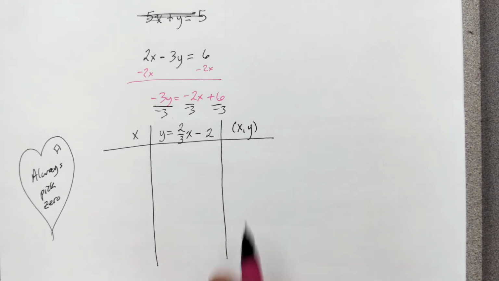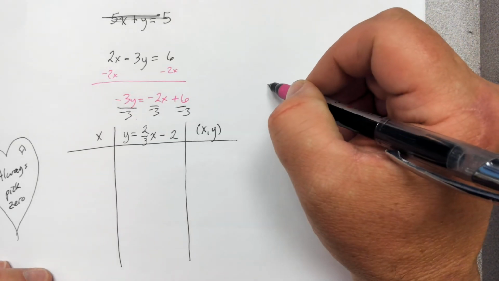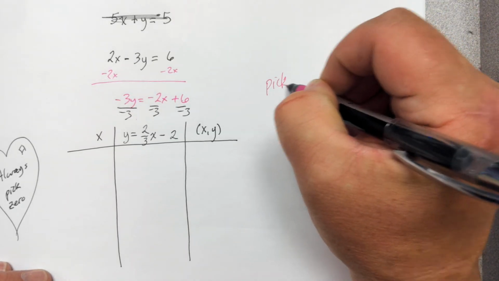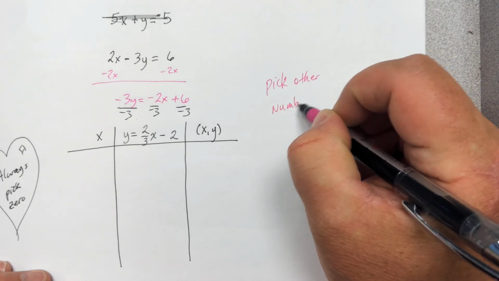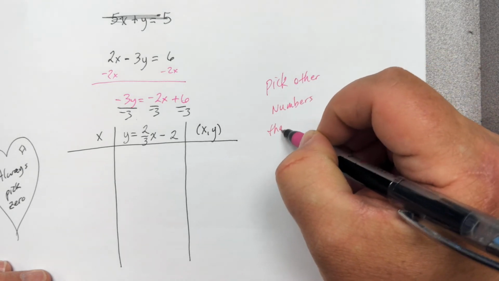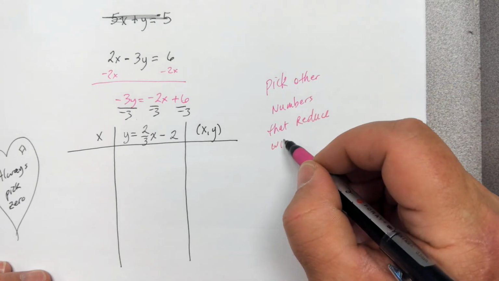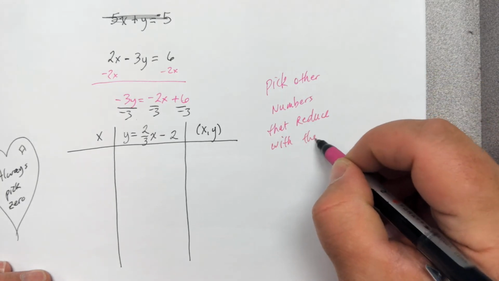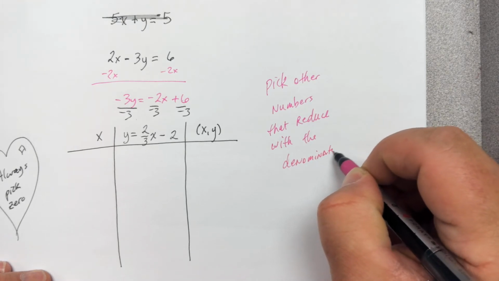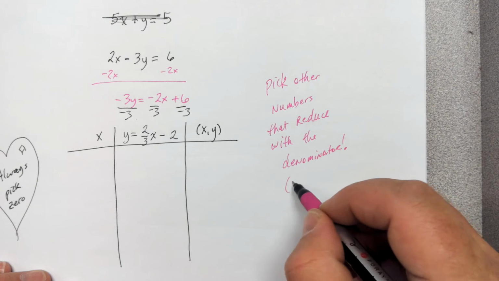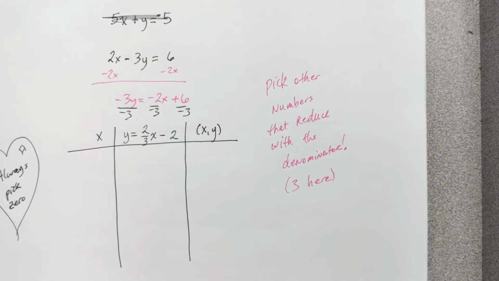Here's the other thing you want to do. You see how the denominator is a 3? So here our denominator is a 3.